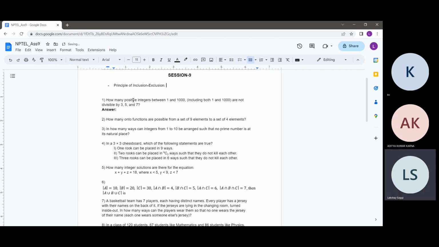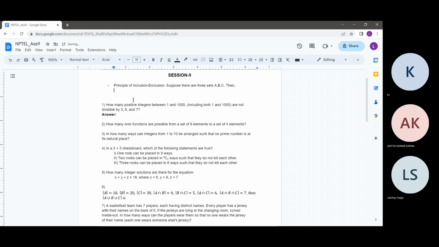Suppose there are three sets A, B, C. If you want to write the cardinality of A union B union C, this mod symbol denotes the cardinality of that set.